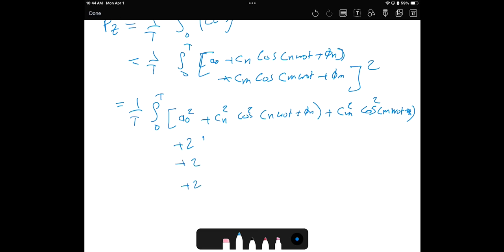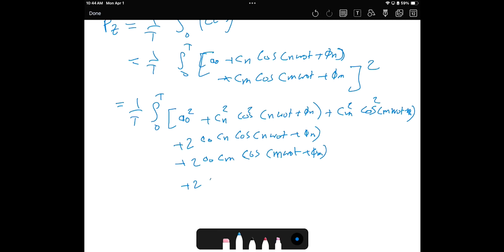So the first one is 2 a naught Cn cosine n omega naught t plus Vn. Here I'm doing the square for all of these terms. Then plus 2 a naught Cm cosine m omega naught t plus Vm.